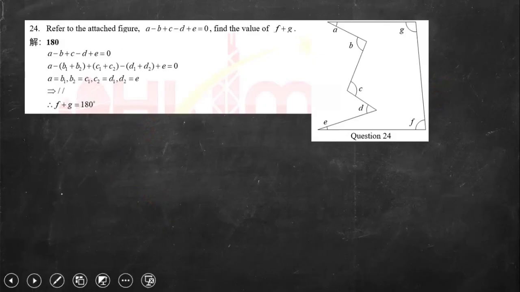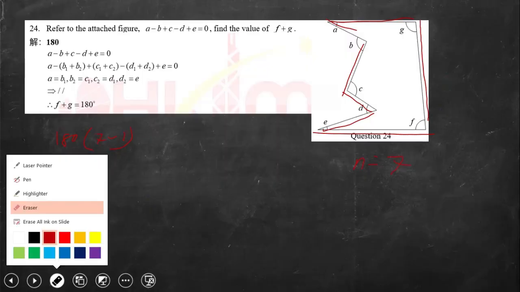Okay, for this one, I think I prefer this method here. Let's have the sum of interior angles of how many sides does this have? 1, 2, 3, 4, 5, 6, 7. So a 7-sided polygon.